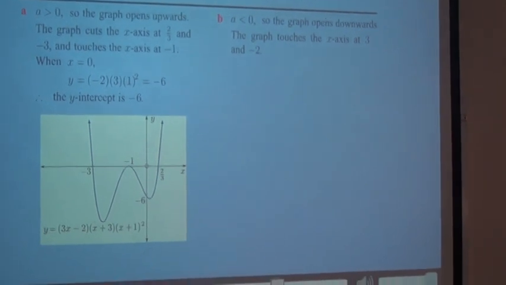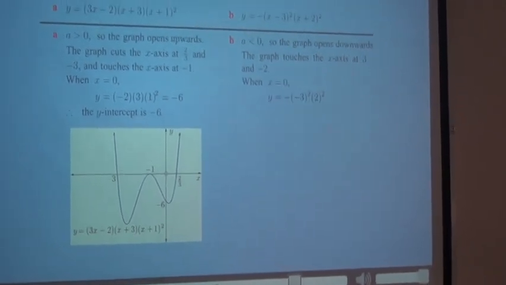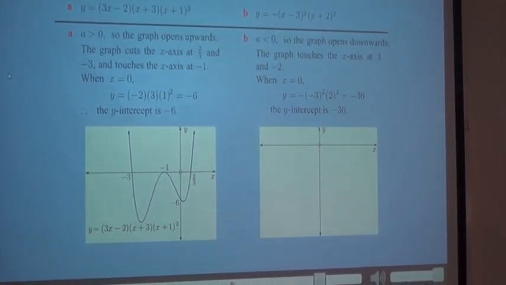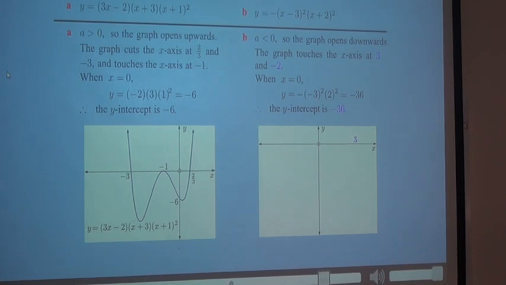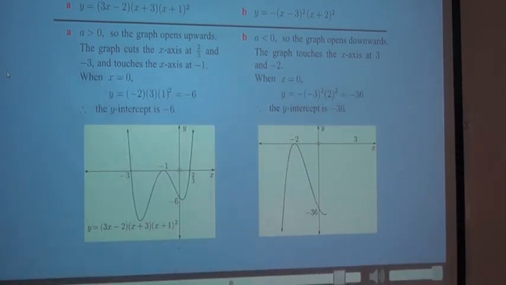We find the y-intercept by substituting x equals 0. The y-intercept is minus 36. We sketch the graph by marking the intercepts and drawing a smooth curve through these points. Since the quartic opens downwards, we start with our pen below the x-axis. Remember that the graph touches the x-axis at minus 2 and 3.